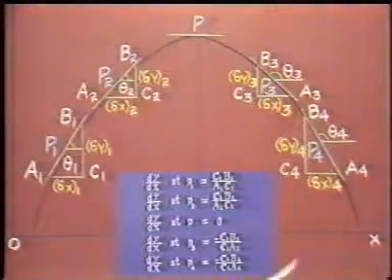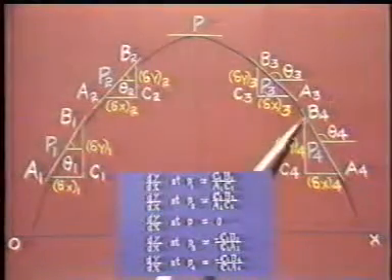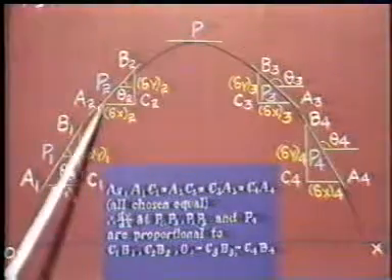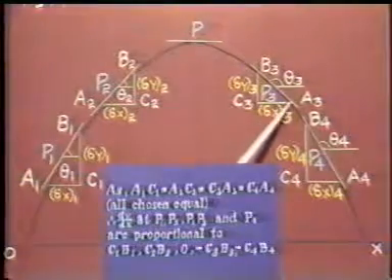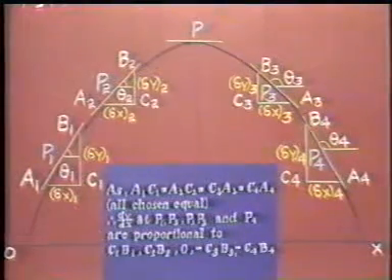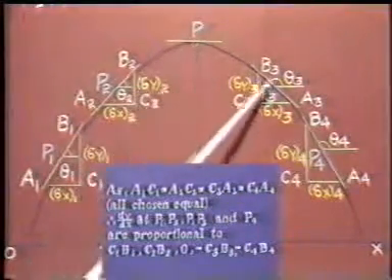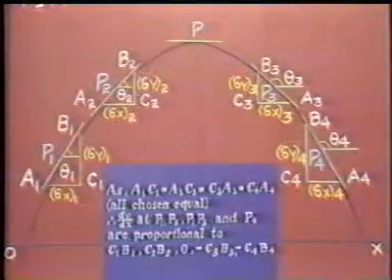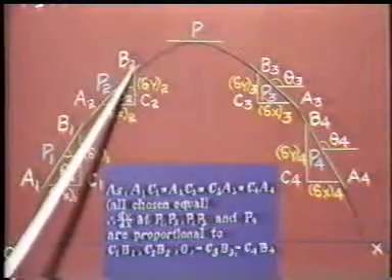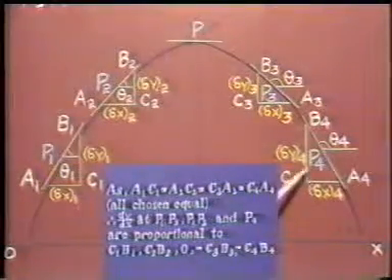And dy upon dx at P4 is approximately equal to minus C4B4 divided by C4A4. As A1C1 is equal to A2C2 is equal to C3A3 is equal to C4A4, all chosen equal, therefore dy upon dx at P1, P2, P, P3 and P4 are proportional to C1B1, C2B2, 0, minus C3B3 and minus C4B4.